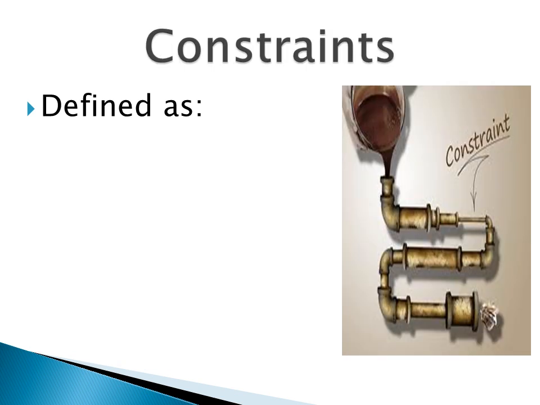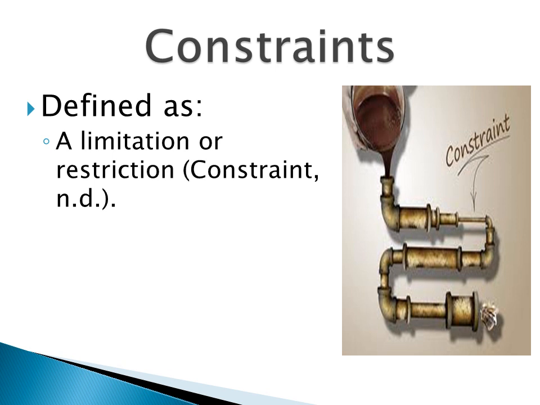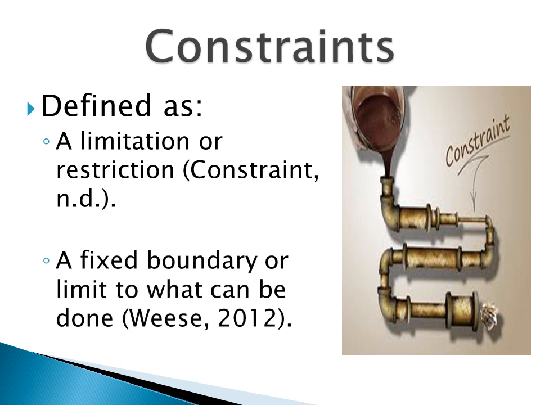According to dictionary.com, a constraint is a limitation or restriction. Susan Weiss, a consultant and curriculum designer specializing in project management with a master's in project management from George Washington University, defines constraint as a fixed boundary or limit to what can be done.